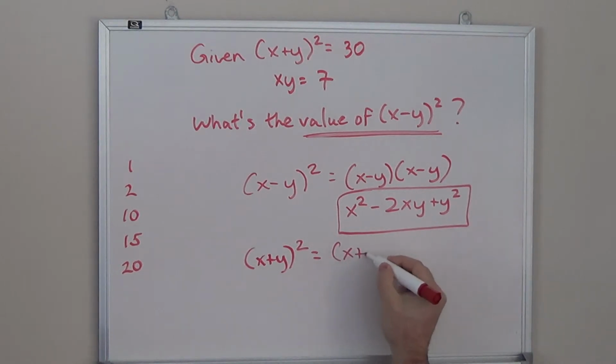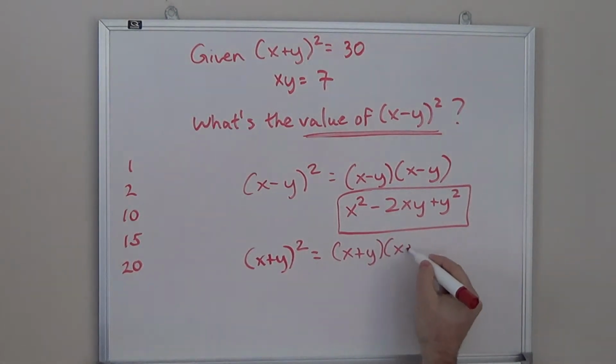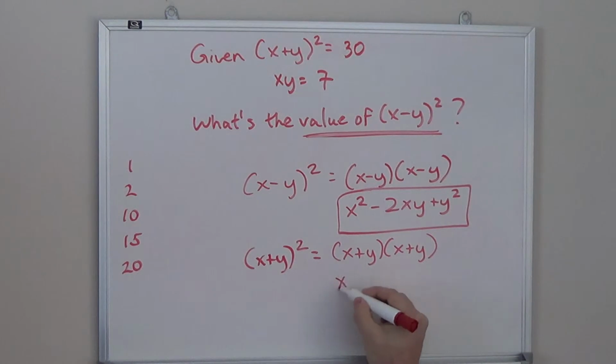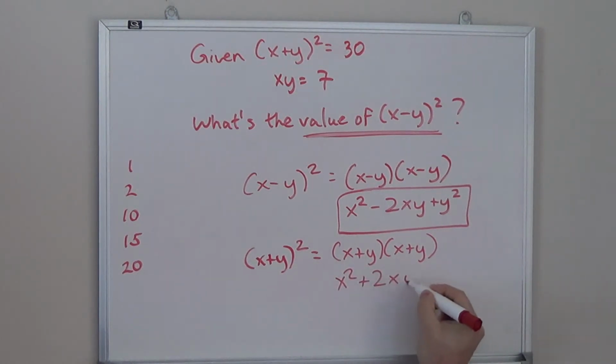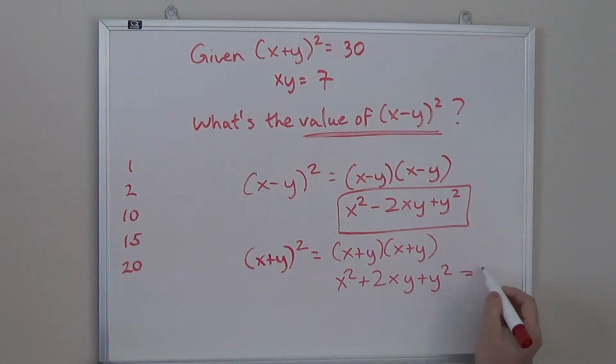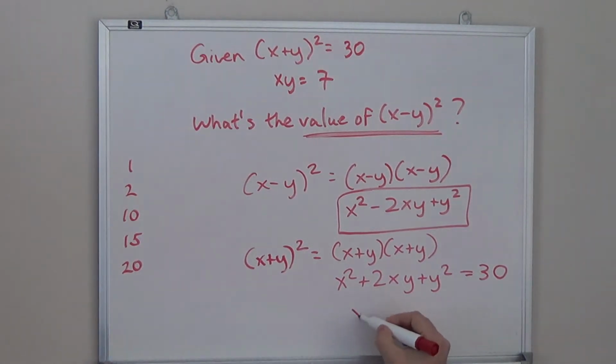That's (x plus y)(x plus y), and if I FOIL that, that's what that is. And now they've put a numerical value on that. They've told me that's 30, so I'm going to set that equal to 30.